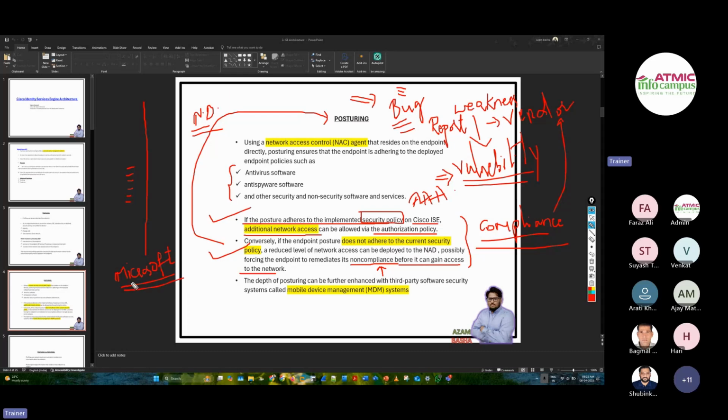But just for you to get the understanding, if there are a couple of resources that you are not supposed to access and you try to access them, ISE is going to monitor that and remove you.